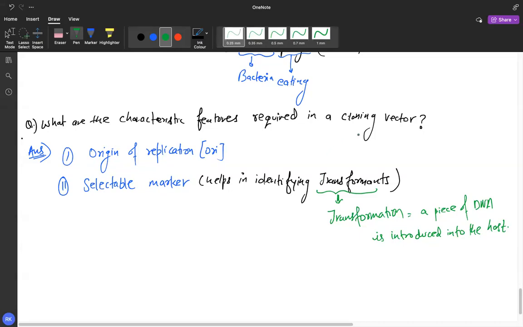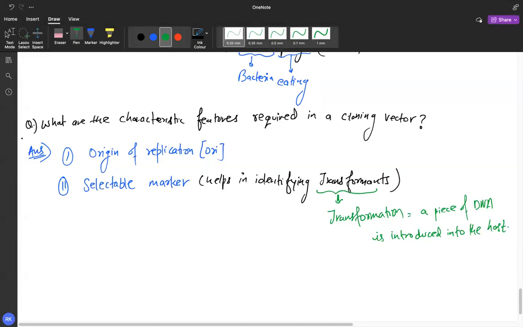So antibiotic resistance genes. Genes that provide resistance against antibiotics. Okay. But not all the time, mostly.